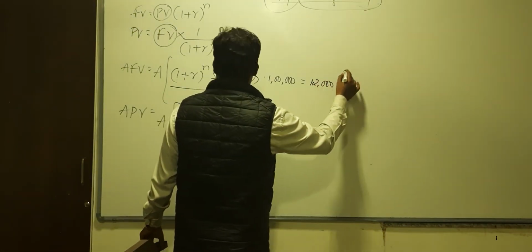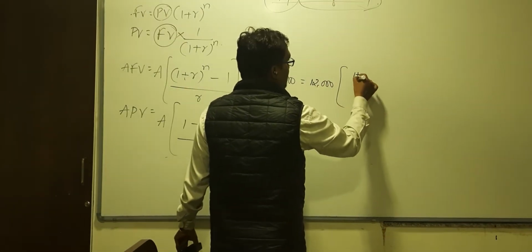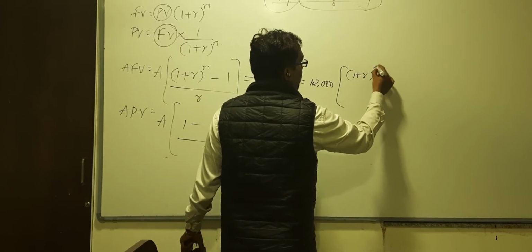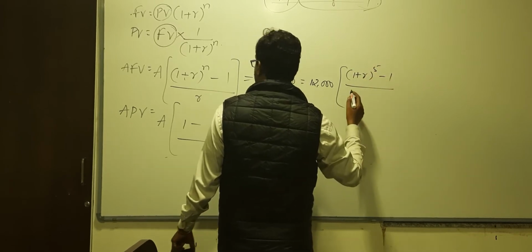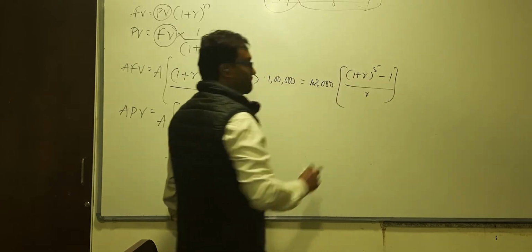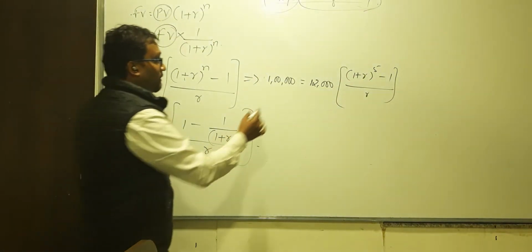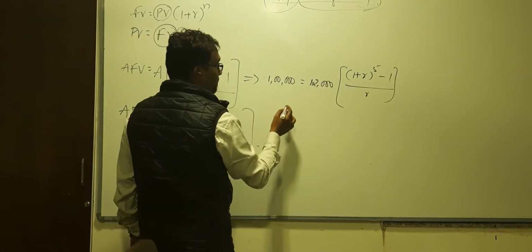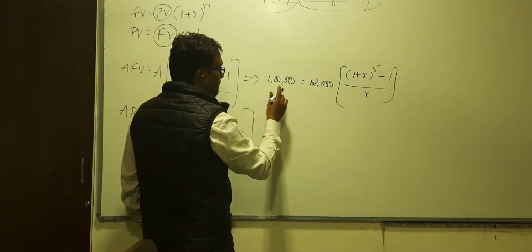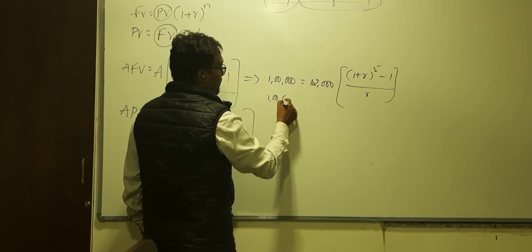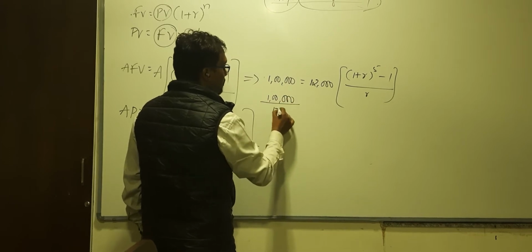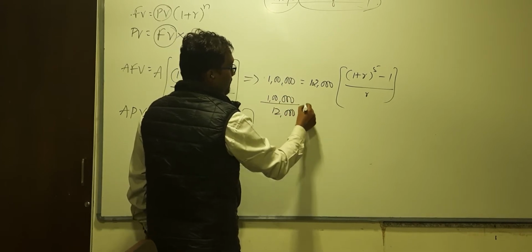The formula is ((1 + r)^5 - 1) divided by r. So 1 lakh divided by 12,000 is equal to that.